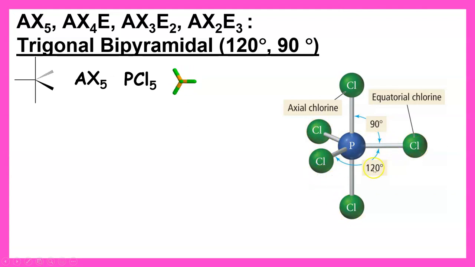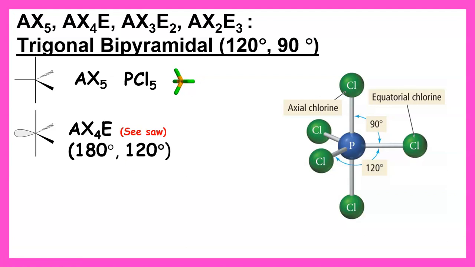You end up essentially making a pyramid on the bottom and a pyramid on the top, which is why it's called trigonal bipyramidal, because you have 2 pyramids and the base of them is this flat triangle shape. If you replace one of them with a lone pair, you get AX4E, which we call seesaw.